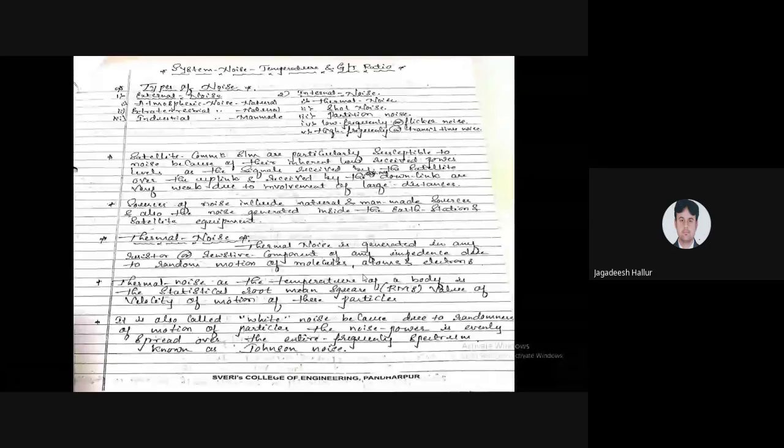We saw some numericals on this. This is the first point, and the second point is system noise temperature and G by T ratio. In this, you have to calculate the signal to noise ratio and gain to noise temperature ratio. We have seen the equations for noise power, noise voltage and noise current. Noise power is equal to what?